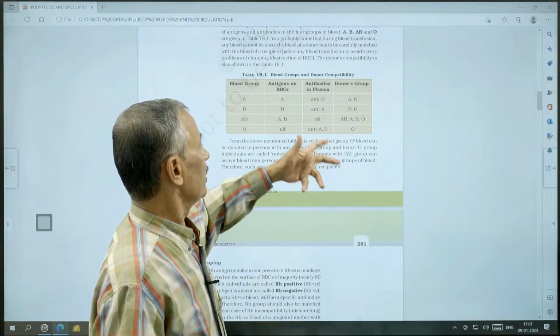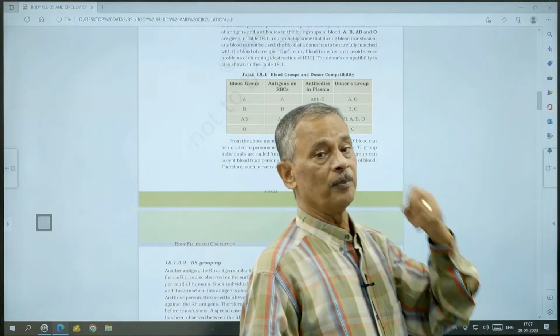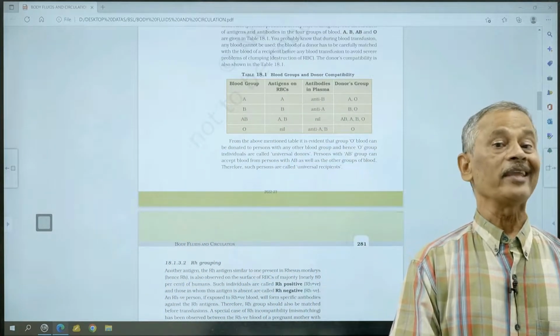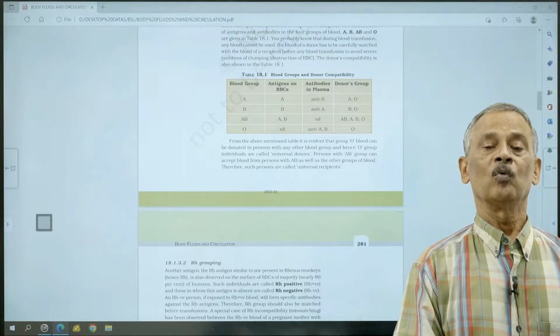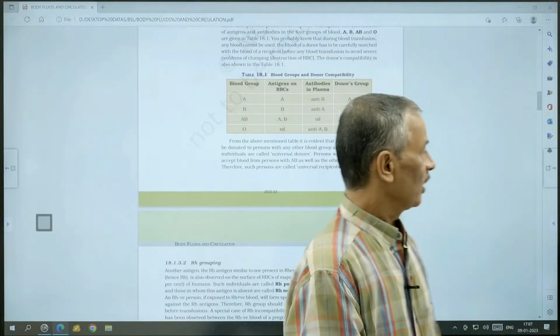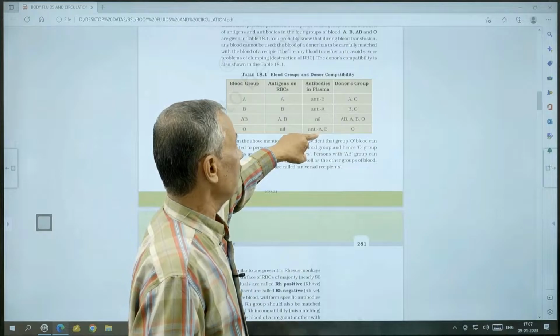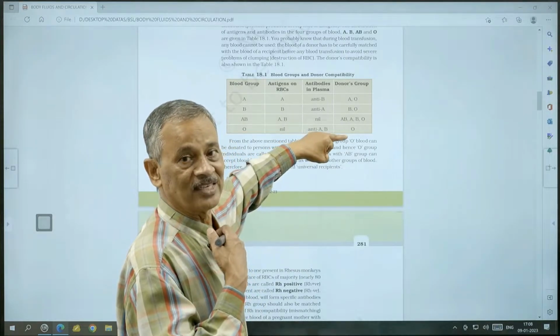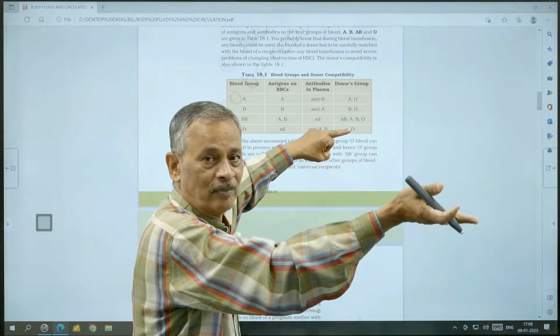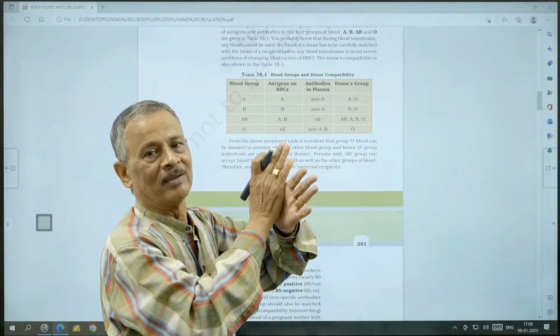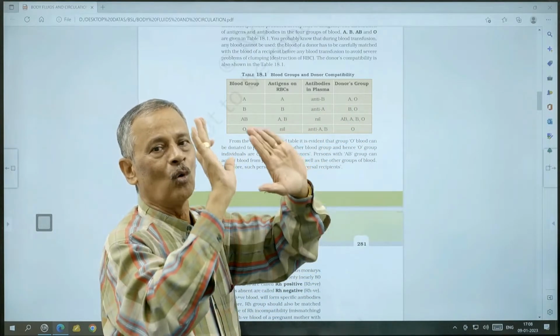So I can give blood to AB. But I cannot give it to O group. Why? Because O group is having anti-A. I am having antigen A. So if I give it to him, there will be clumping. So I cannot give to O.